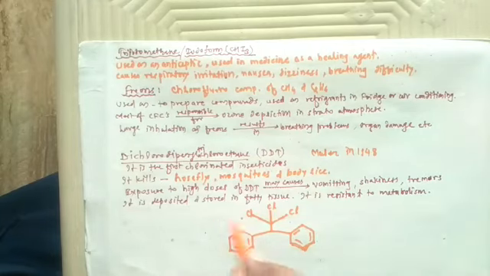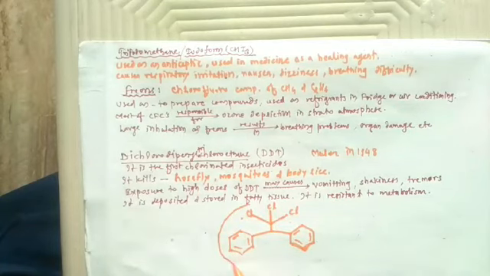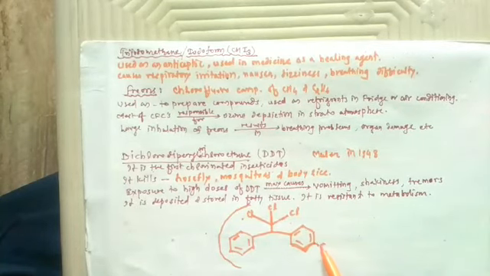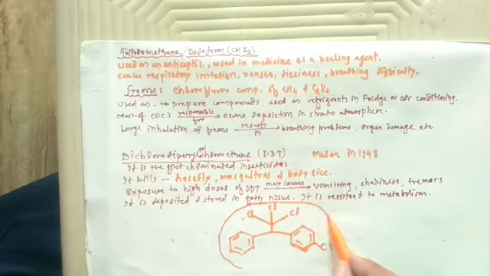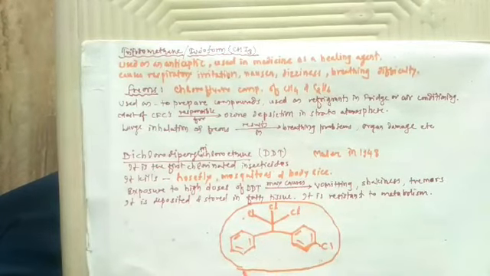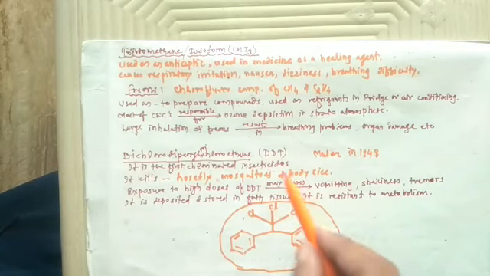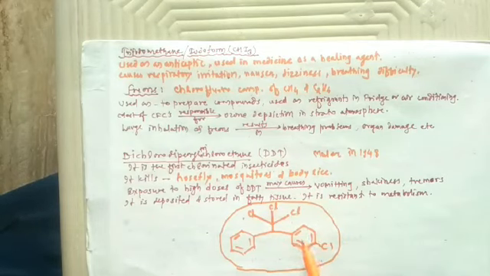So its structural formula is like this. In the examination, a question may be asked to write down the structural formula of dichloro diphenyl trichloroethane, that is DDT. So thank you. We will stop here.